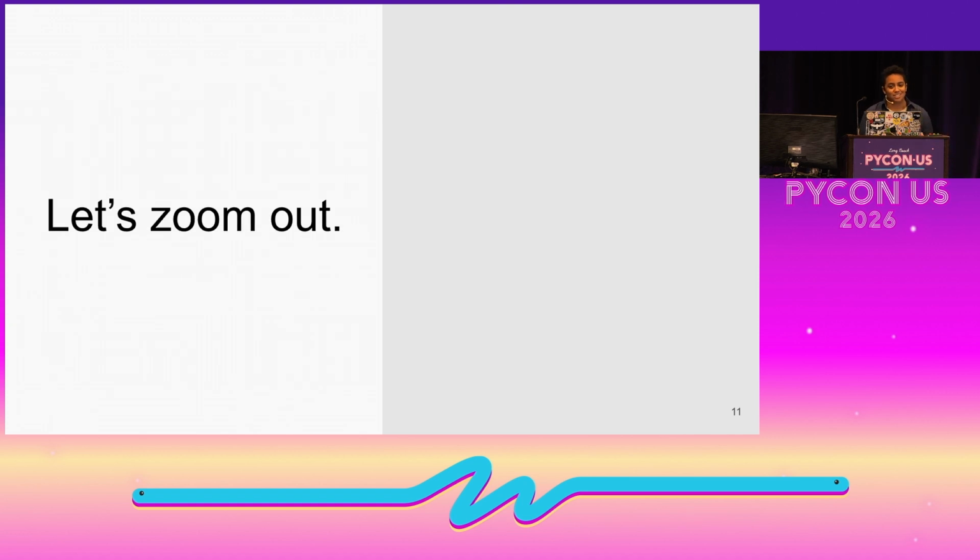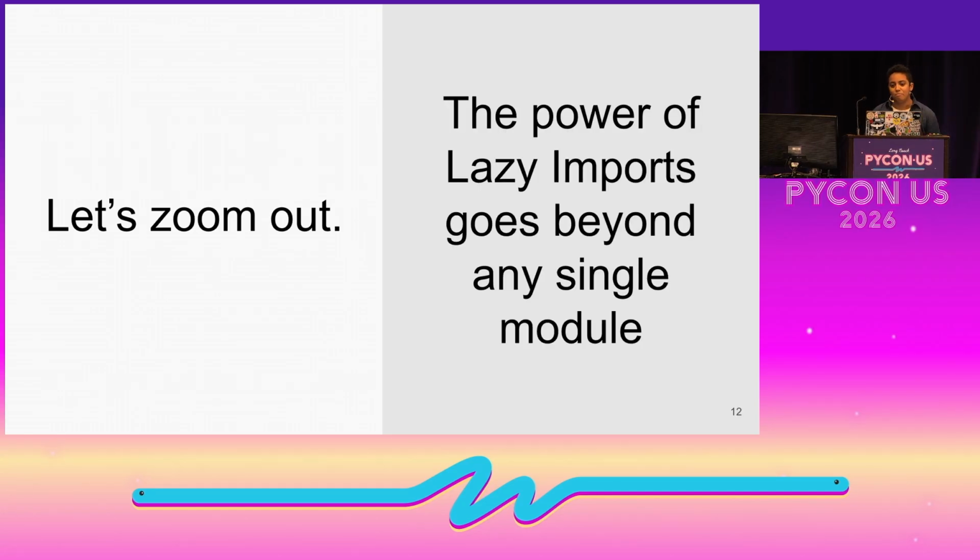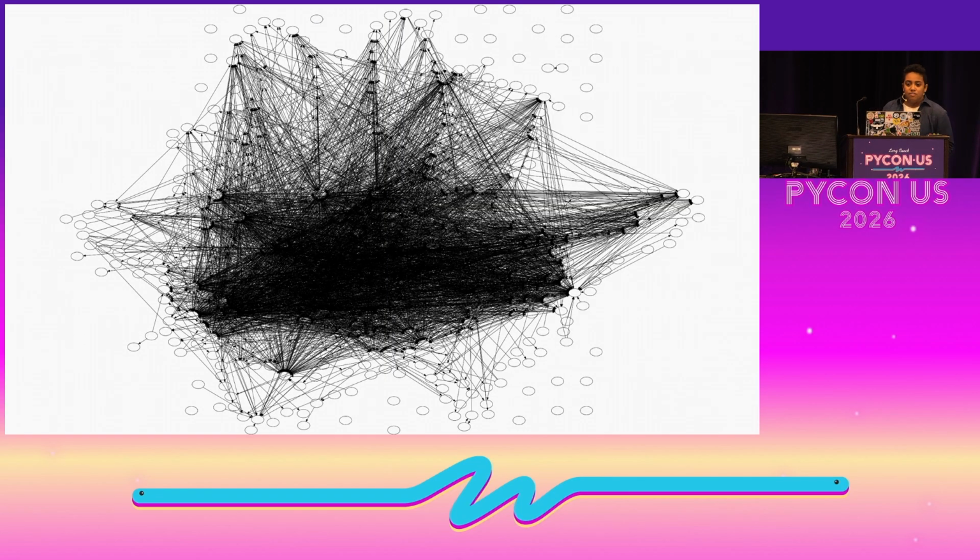But let's zoom out more, because I think there's actually more here. My personal opinion, and yes, I'm very biased, is that lazy imports truly shine when you realize that the real power of lazy imports goes beyond any single module. For large, complex projects over time, your imports can start to look something like this.